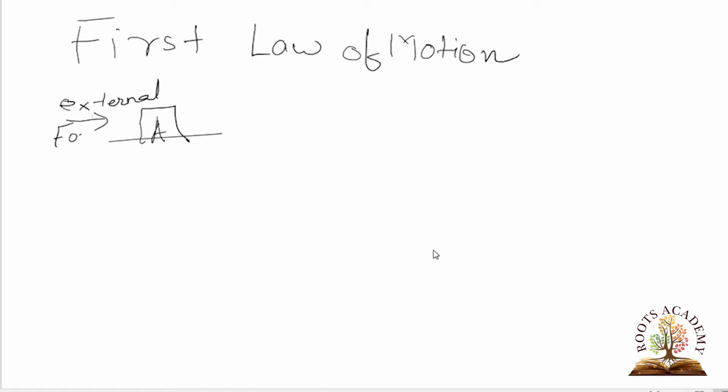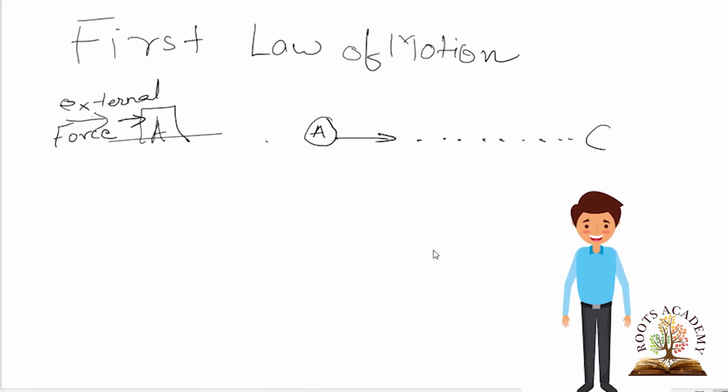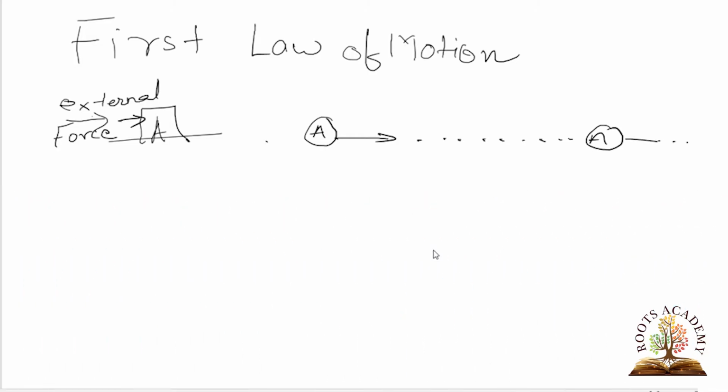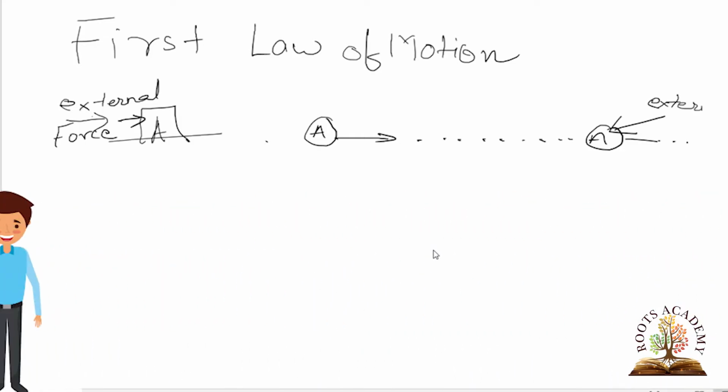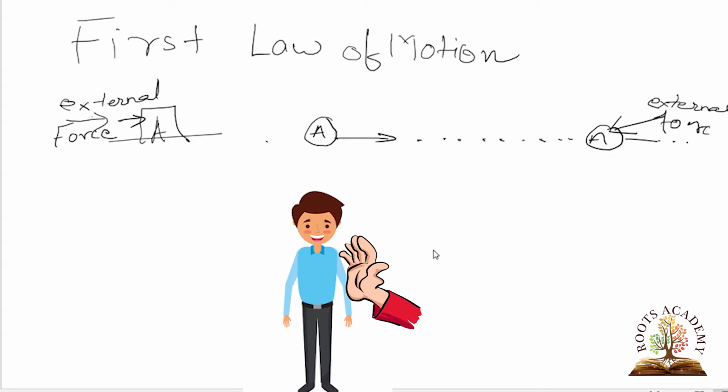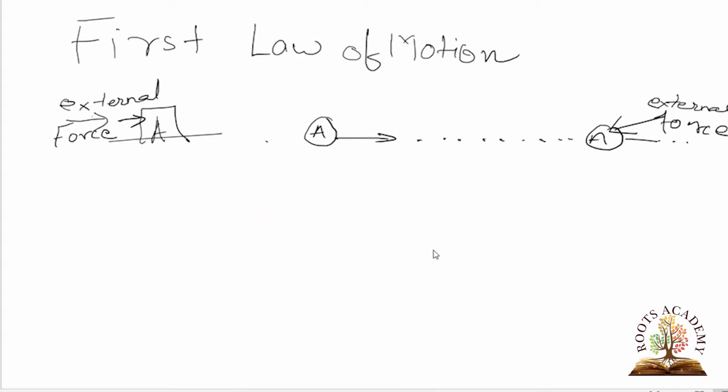When an external force is applied, till then the object stays in the position of rest, or the object will continue in its state of motion. It will keep on moving until and unless there is an external force applied on that object. I hope everyone understood this.